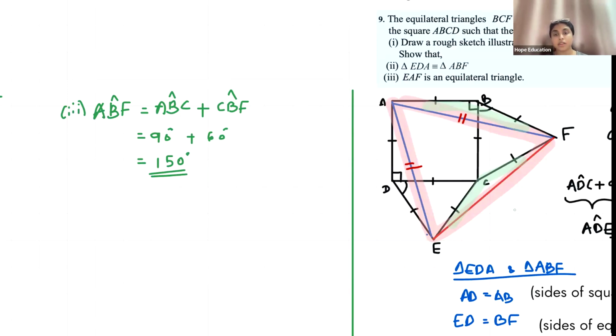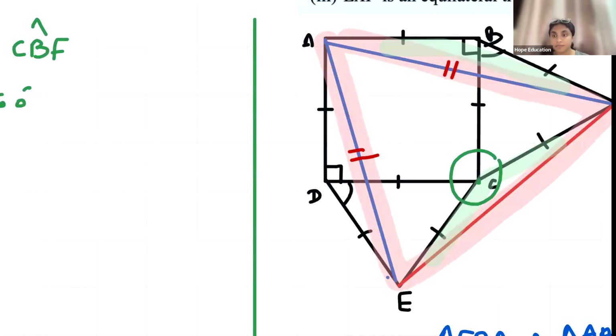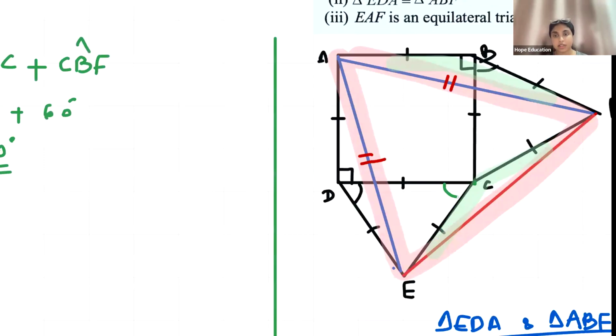So what are the angles around it? We have this one, which is 60 degrees. We have this one, which is 90 degrees. And we have this again, 60 degrees, right? And we have this, that is what I want to find.